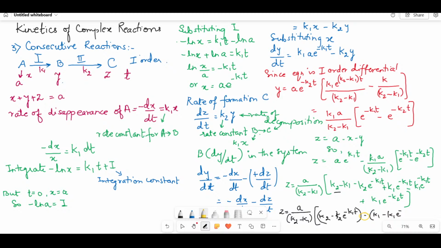So minus into minus will become plus, which is there over here. So this will come in common over here. Minus k2t.